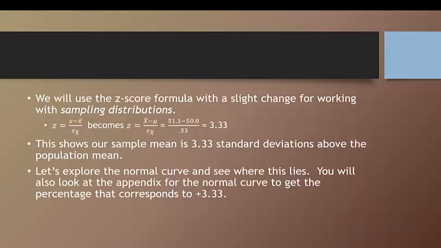So just for your review, let's look at the normal curve again and explore where 3.33 lies. And we'll also look at the appendix that you received a few modules back that talk about the normal curve and get the percentage that corresponds to a score of plus 3.33.